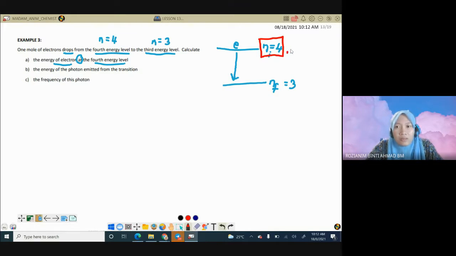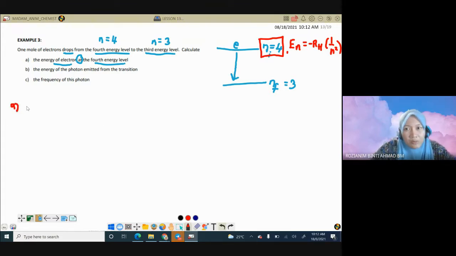So formula mana nak guna? Postulate number 2 kata En, maksudnya the value of the specific shell, which is the energy is quantized, equal to negative RH times 1 over N square. This formula. So, kita jawab soalan A together.